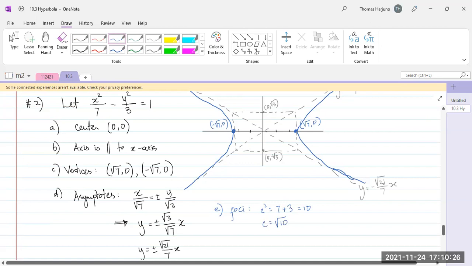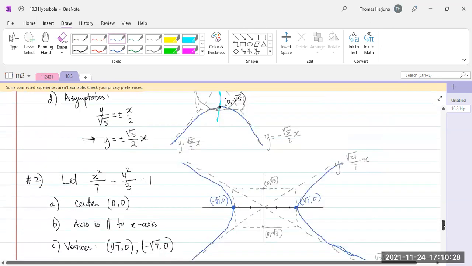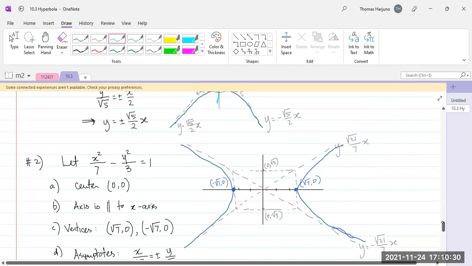That's square root of 10 units from the center of that hyperbola. The center is (0, 0), so I go to the right and to the left. That's (square root of 10, 0) and (negative square root of 10, 0). Those are the foci.